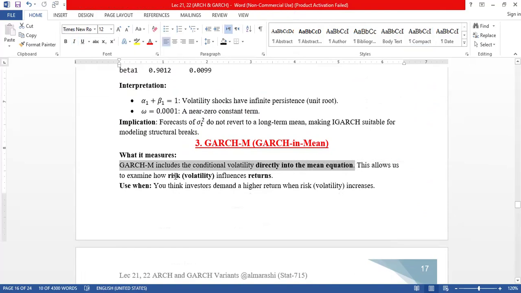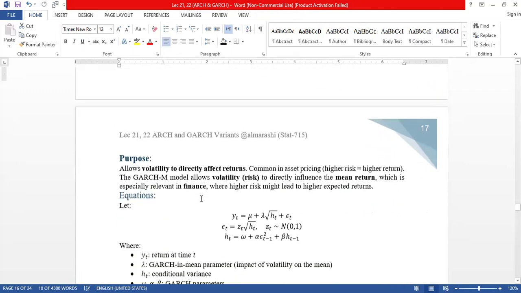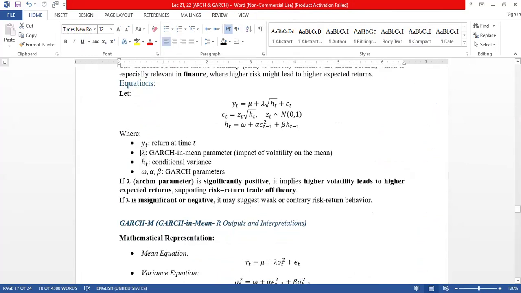This allows us to examine how volatility influences returns. Is it influencing here? This lambda is the impact of volatility on the mean. If the ARCH-M parameter is significant and positive, it implies higher volatility can lead to higher expected returns. If it is insignificant, it may suggest weak or contrary risk-return behavior.